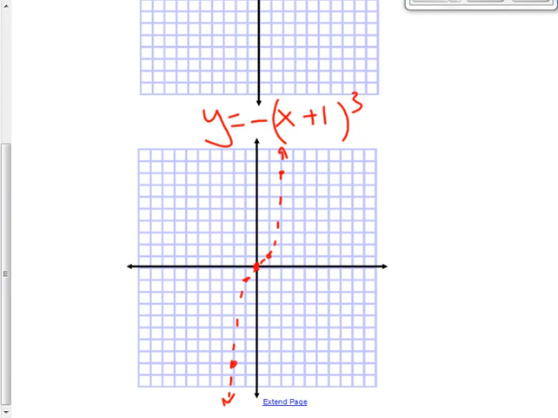Plus 1 means left one, so I'm going to move this to the left one, which means my new vertex or my new reflection point is here. But then I've got a negative on the outside. That negative on the outside means I'm going to flip it upside down. So each one of these points is going to go across the x-axis, but basically all that means is that this graph is going to look like this. It's going to go up to the left and down to the right instead of up to the right and down to the left. Okay?